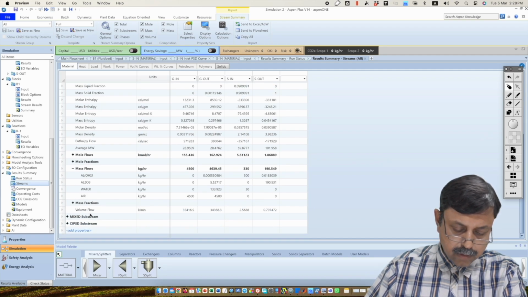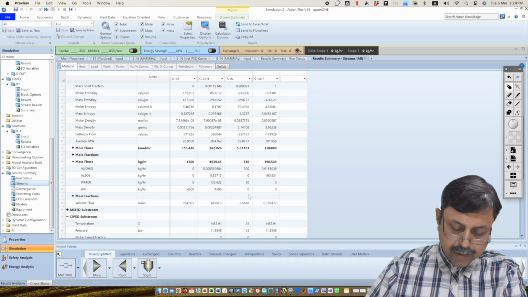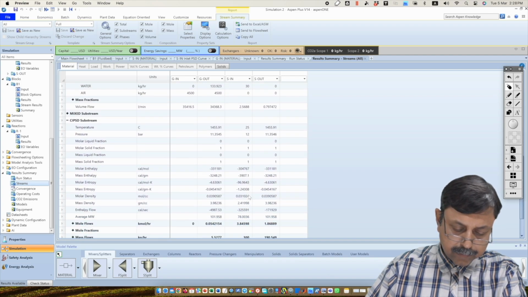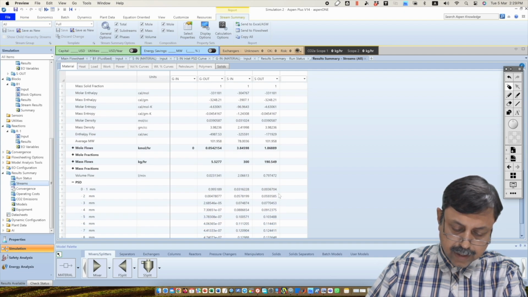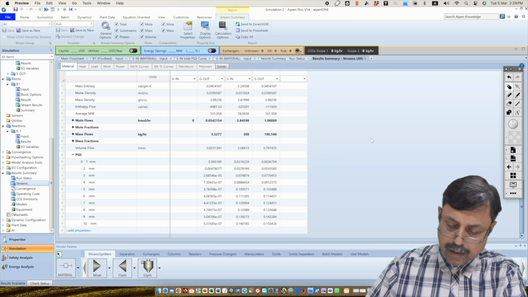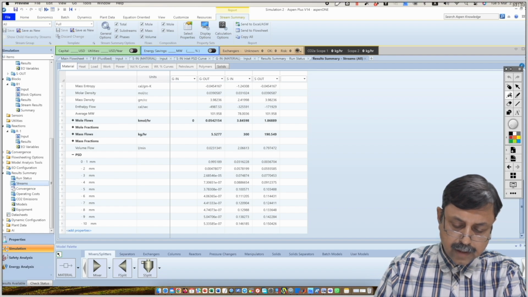Now look at the particle size distribution. Here you will find the particle size distribution once again. Here you will not get any new information. It is almost the same as before.